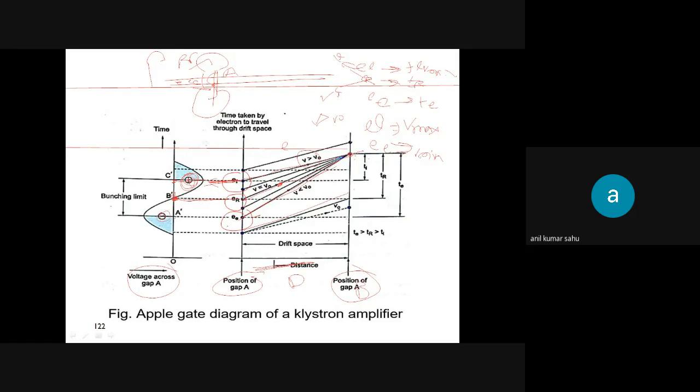So here we need to let the other electrons overcome the speed, so that all the electrons can form the bunch. While crossing gap A, it forms the bunch.